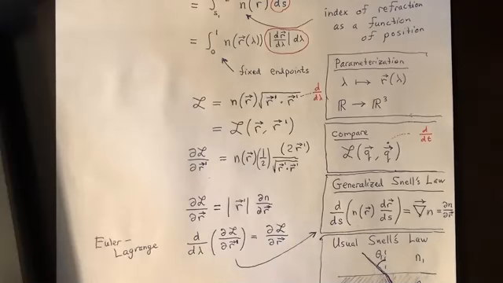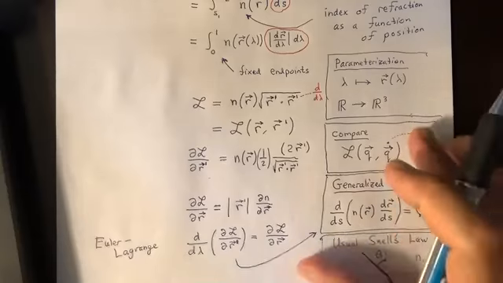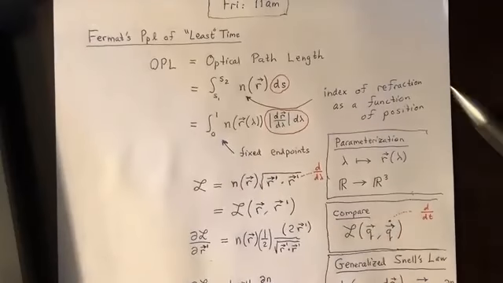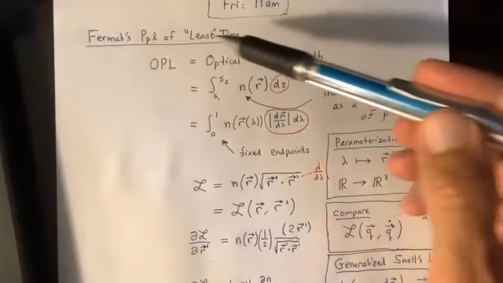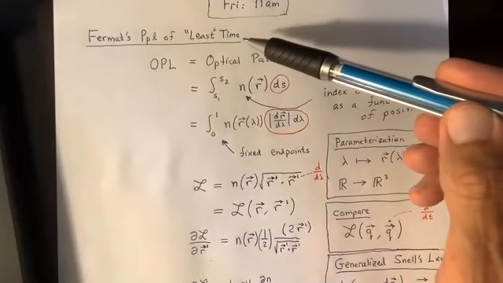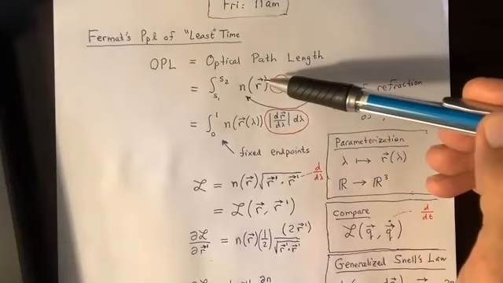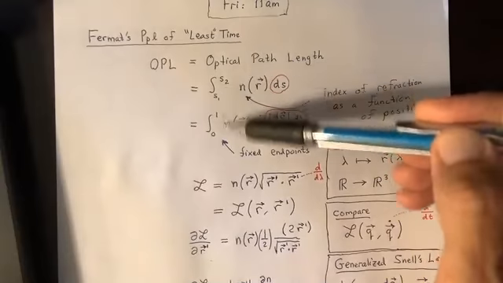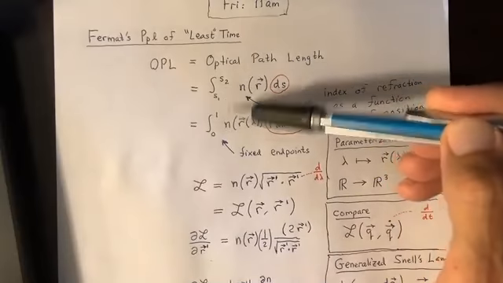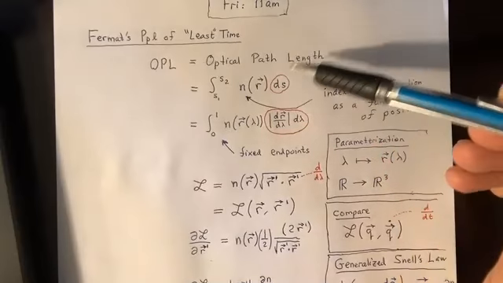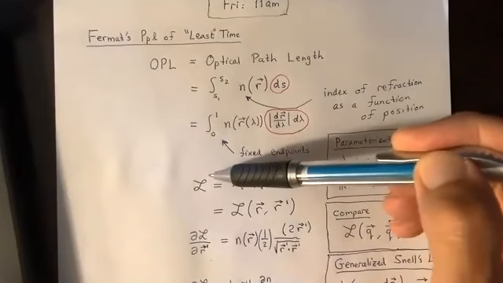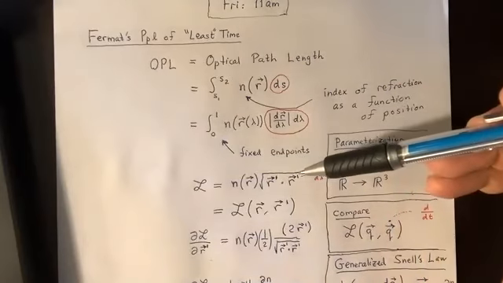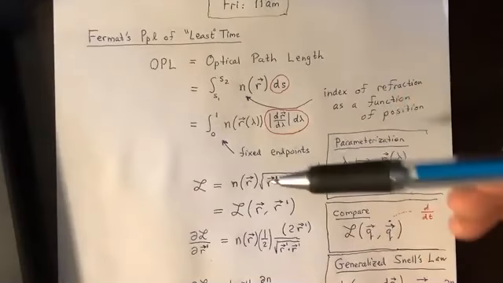So in summary, what have we done here? We've used this variational principle that's been known for a couple hundred years. Once you write down the integral, and this is the integral for the optical path length, then you read off the Lagrangian. Here's the Lagrangian.